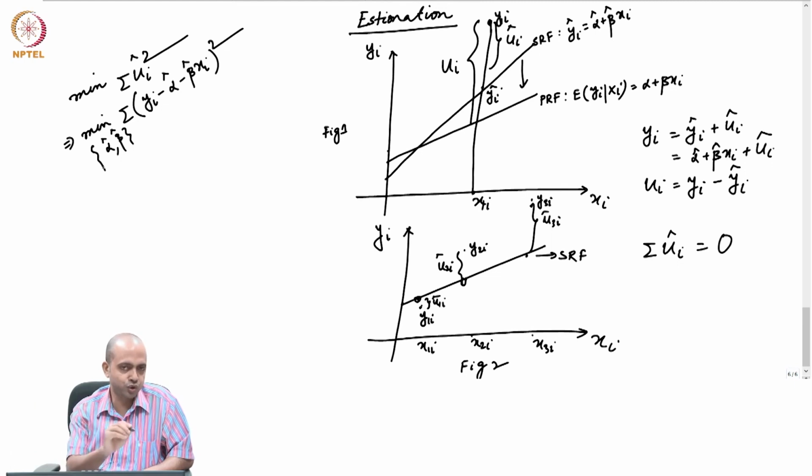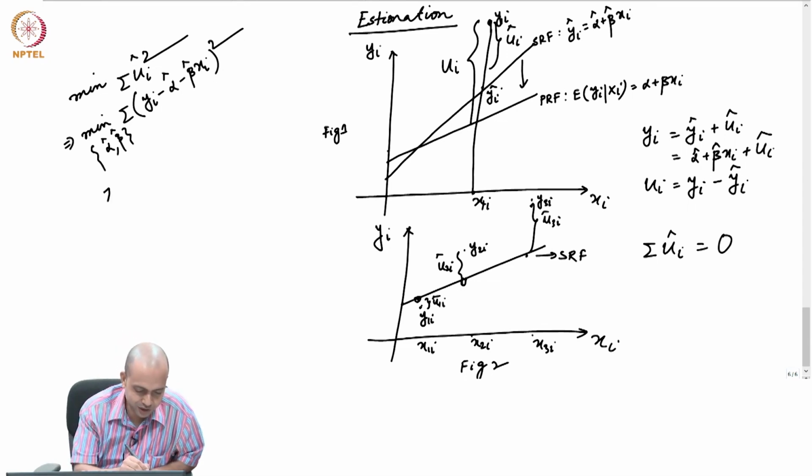As you all know the rule of minimization or maximization, you have to differentiate again with respect to beta hat. Let us assume that z equals summation yi minus alpha hat minus beta hat xi, whole square.